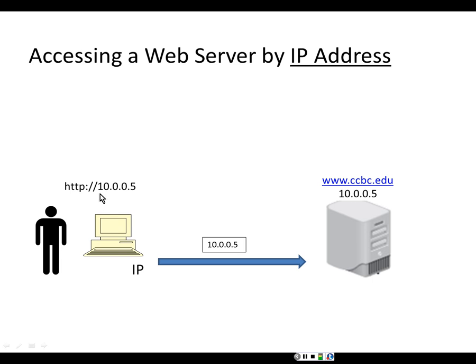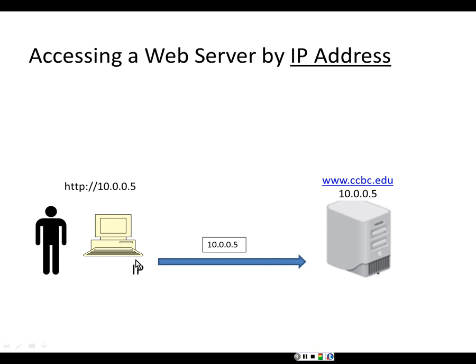So if a user wants to access the web page on a server, such as our web page here at CCBC, and the IP address of the web server was 10.0.0.5, then the user could type http://10.0.0.5.